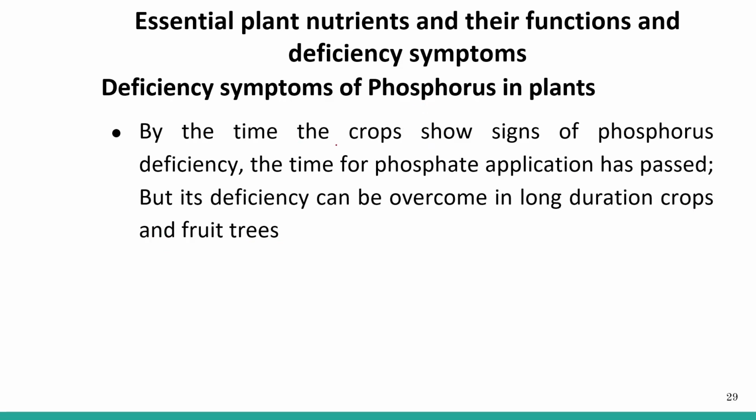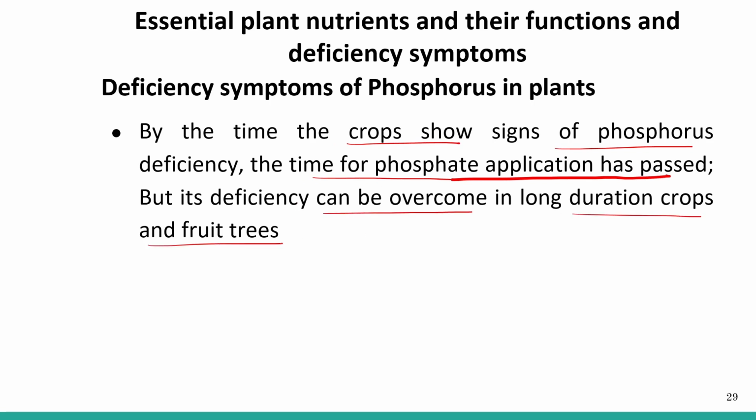By the time the crop shows signs of phosphorus deficiency, the time for phosphate application has passed, but the deficiency can be overcome in long duration crops and fruit trees, which take a longer time to mature.